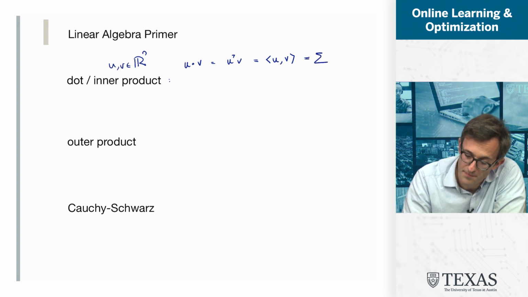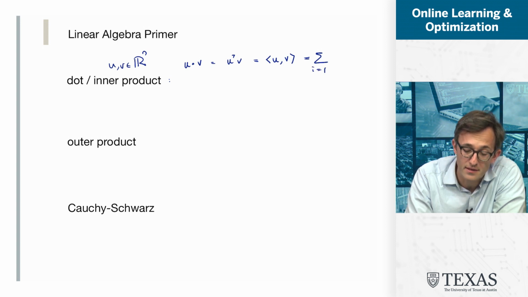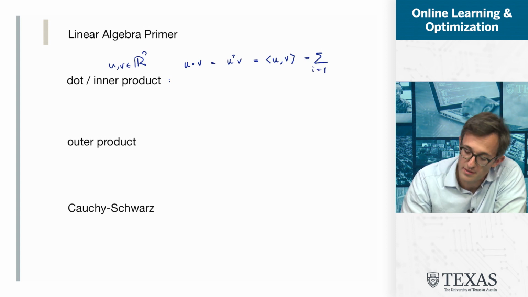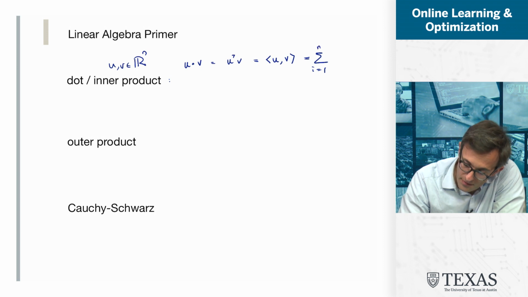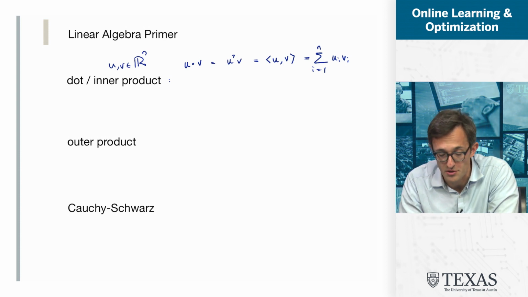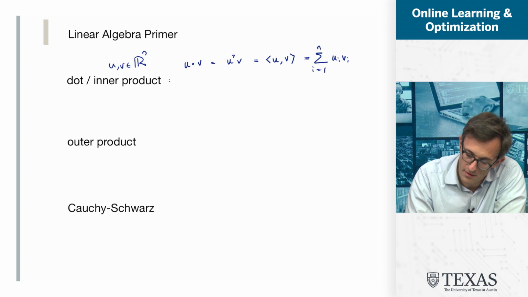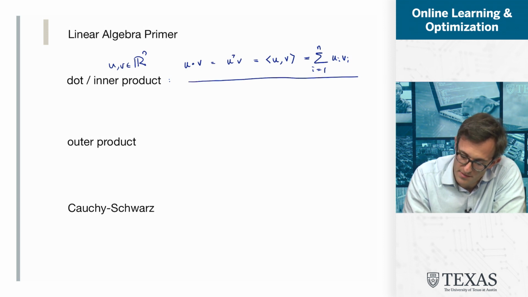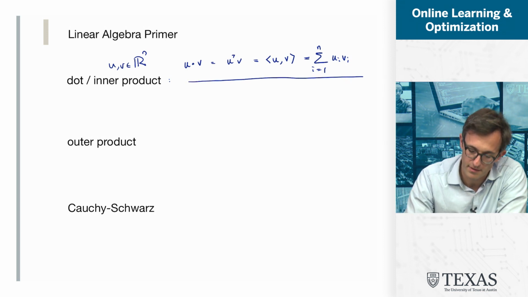It is the sum from i equals 1 to n, where n is the number of coefficients that each one of these vectors has, of u_i v_i. And of course, note that this only makes sense if u and v have the same dimension. And so all of this means the same thing.